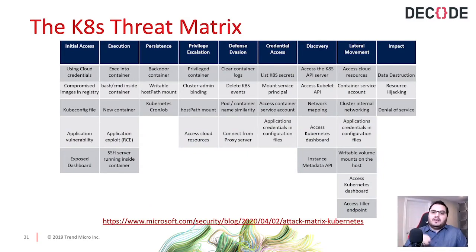This is the Kubernetes threat matrix that was released by Microsoft earlier this year in April, right? The Microsoft security team, I think from Azure, released this matrix based on the MITRE ATT&CK framework.